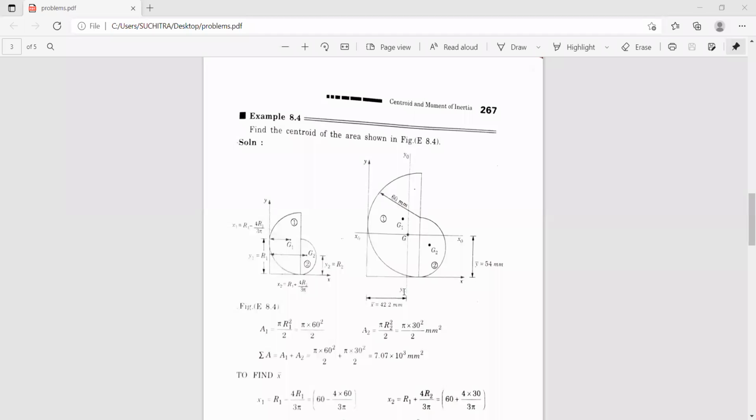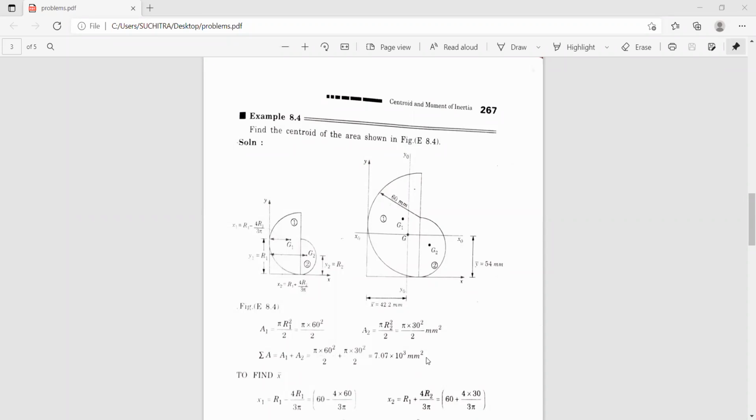Similarly, A2 is pi r2 square by 2, where the radius is half of this, that is 30 millimeters, so pi into 30 square divided by 2. These are the corresponding areas A1 and A2. Sigma A is nothing but A1 plus A2, which works out to be 7.07 into 10 power 3 millimeters square.